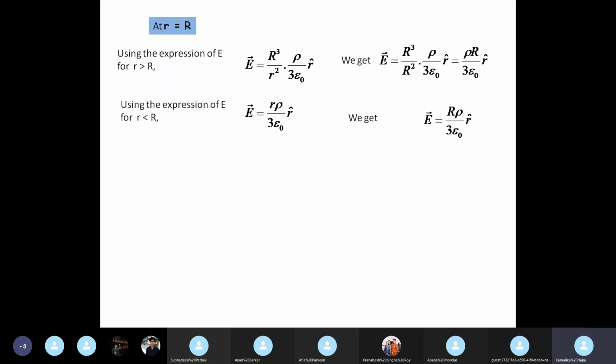When we are inside the sphere, field is directly proportional to R. When we are outside the sphere, field is inversely proportional to R square.